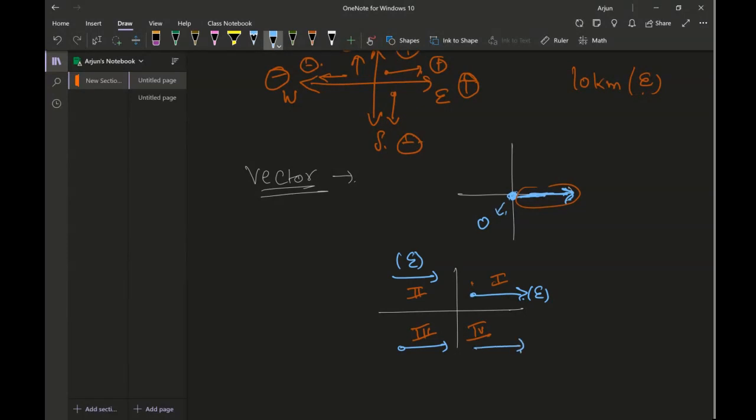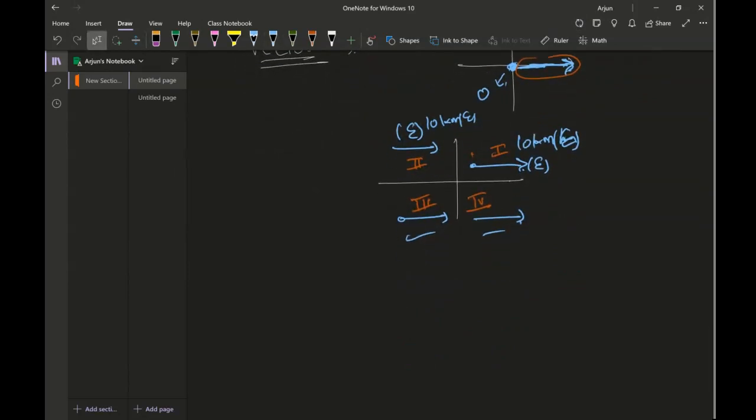What I'm trying to say is, you can represent the vector in any quadrant, and as long as the head is pointing in the east direction, that will be the correct vector. So all of them we can represent as 10 kilometers east. This also 10 kilometers east, any of these, this one and this one too. And this is called the collinear property of vectors.